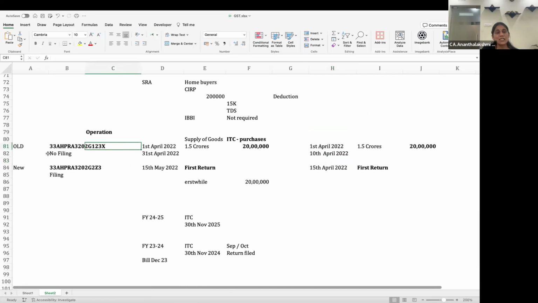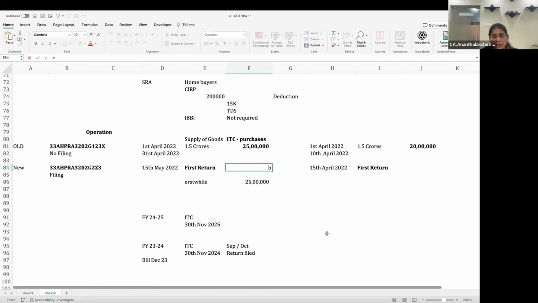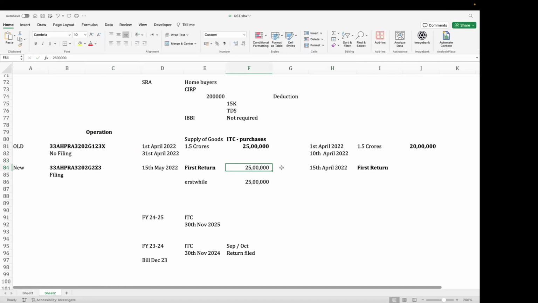For example, with regard to this GSTN number, if I have 25 lakhs as my ITC, this ITC will be transferred to the new number. Is that 25 lakhs related to the period after the start of CIRP, or before that also?